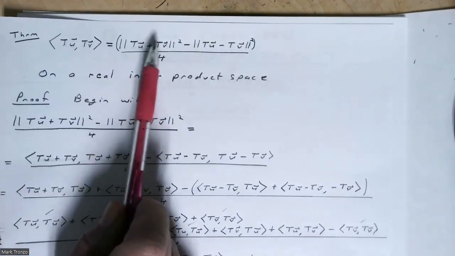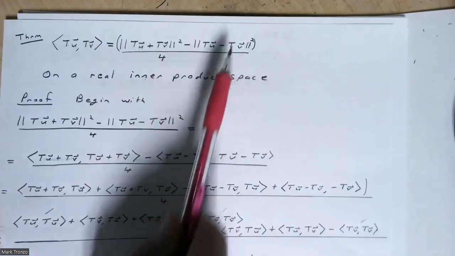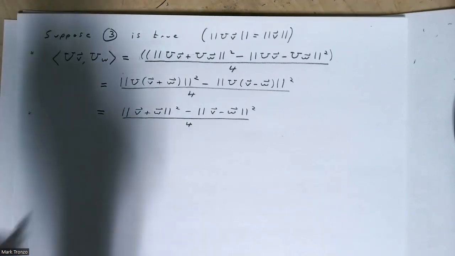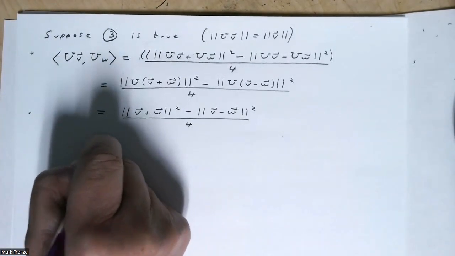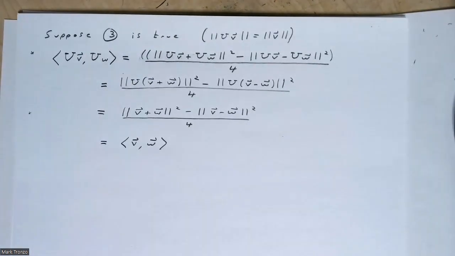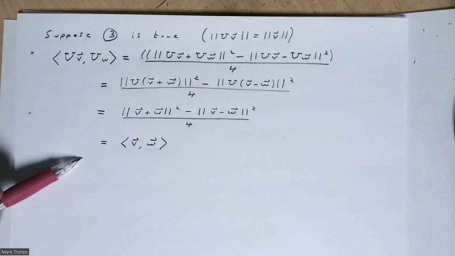But in our case, we're going to have just V and W. And then if we go backwards, this all comes out to be V and W, like that. So again, we found that if 3 is true, so is 2.